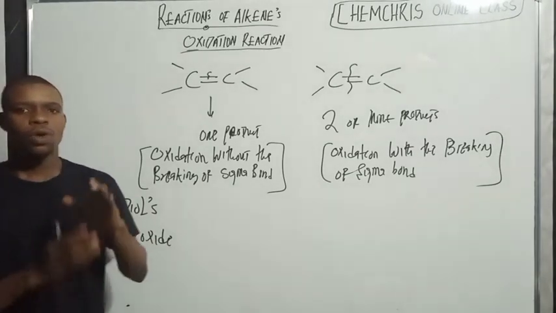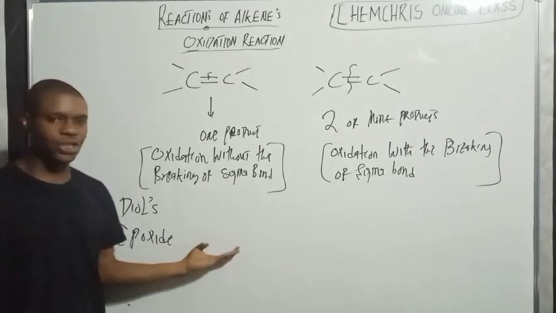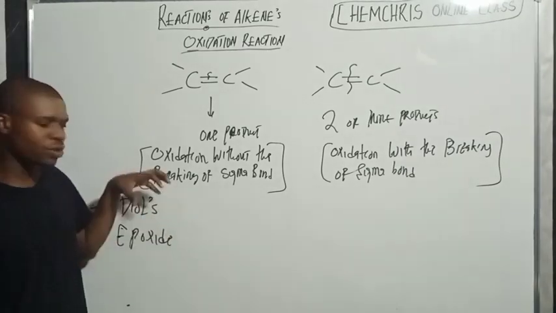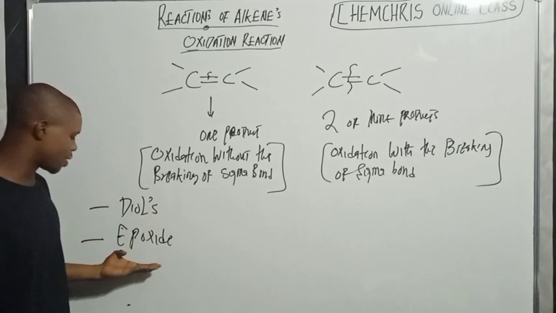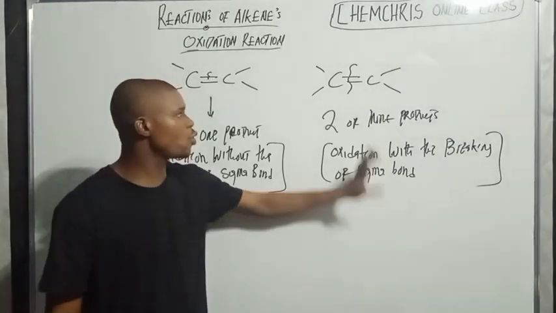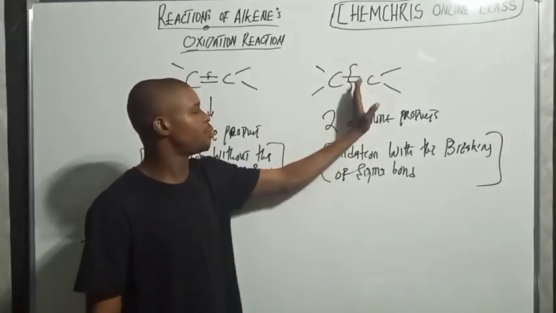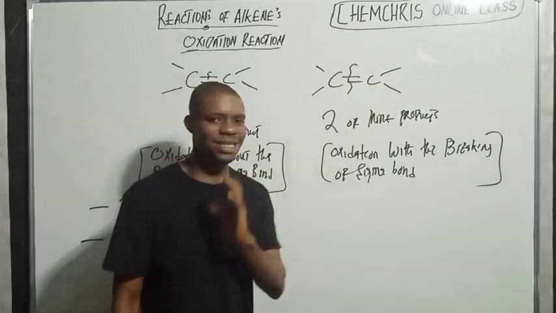That depends on the reagents you are making use of, which we are going to go into in a few minutes. Now when you break both the sigma bond and the pi bond, these are the possible products.